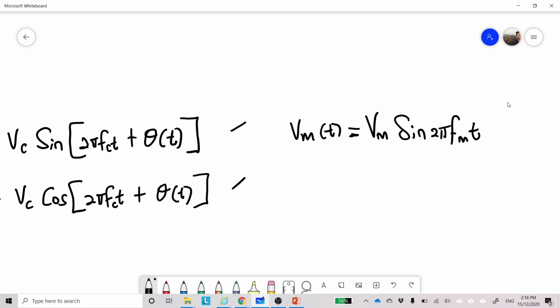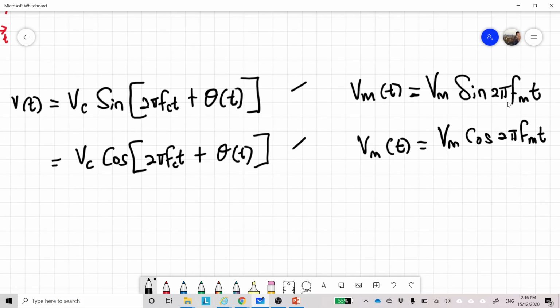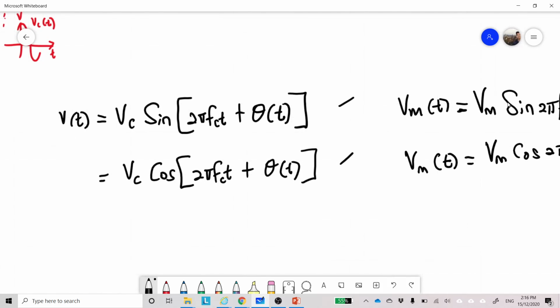So if you are using the cosine, that means you can use VMT equal to VM cos 2 pi FMT. So it doesn't matter. So kedua-dua sine and cosine function doesn't matter. You can use any of it, no problem.